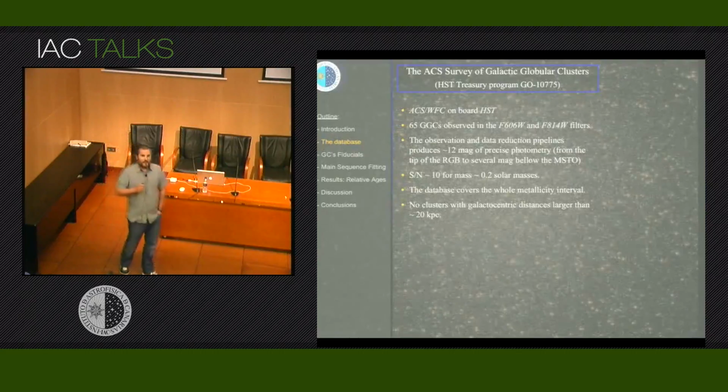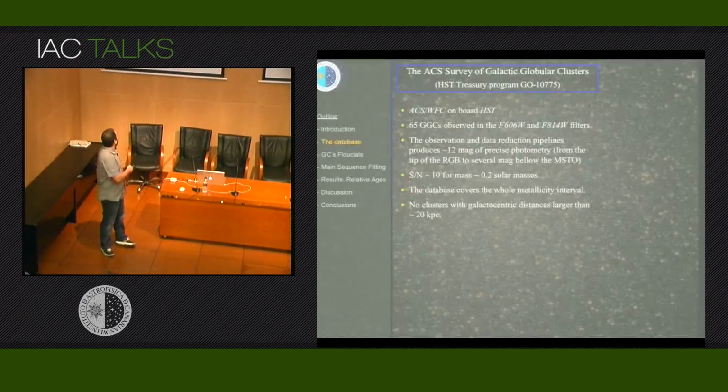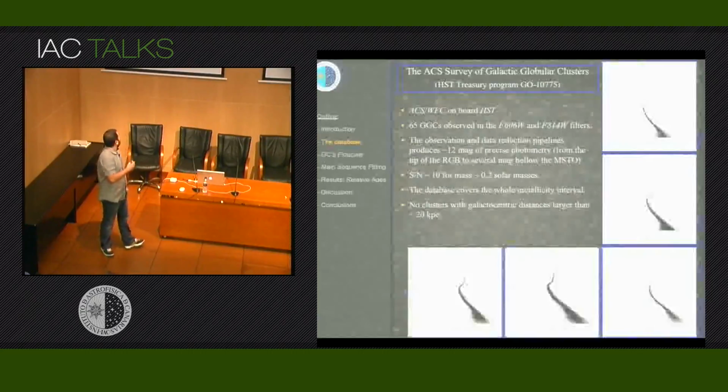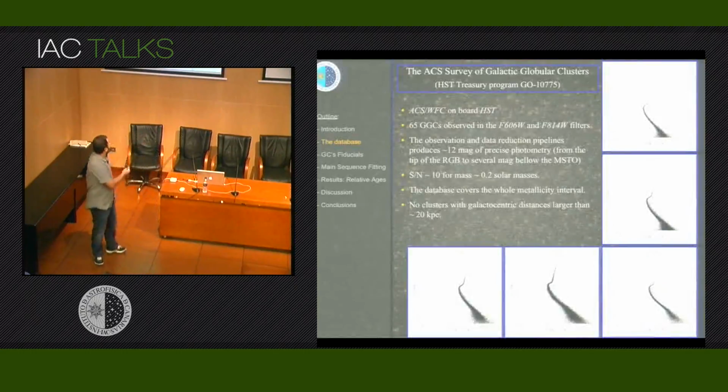It is worth mentioning that we are covering the whole metallicity interval, and we are observing clusters at a galactocentric distance smaller than 20 kiloparsecs. I'm showing here a few color magnitude diagrams, so you can see how good the photometry and the quality of the data we are working with are.